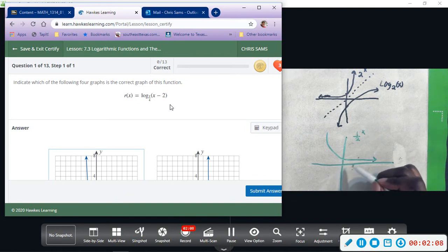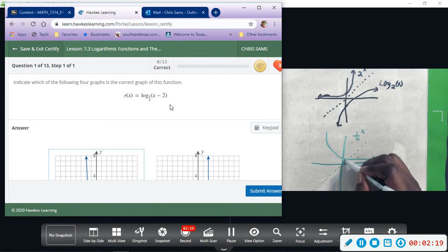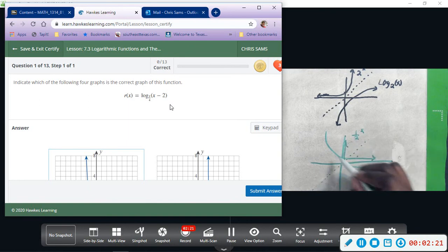Now if I were to transpose this or do the inverse, this graph would look like this. It would be going up. These two lines cross. So that's the general shape of decay if you did the inverse. Okay, so this would be like log base 1/2 of x. This would be the general shape of these two graphs.